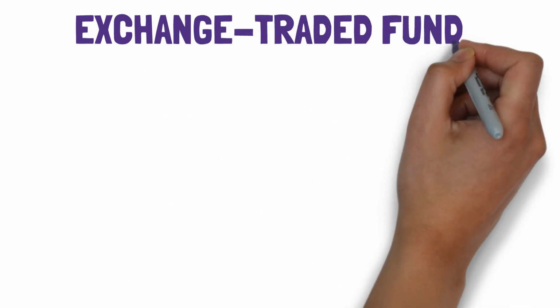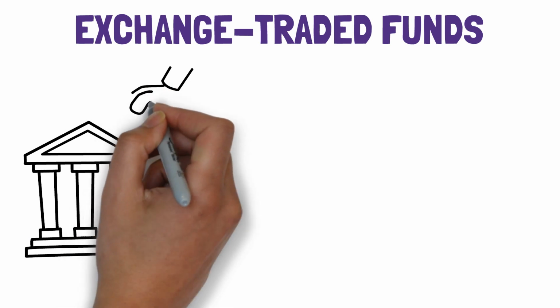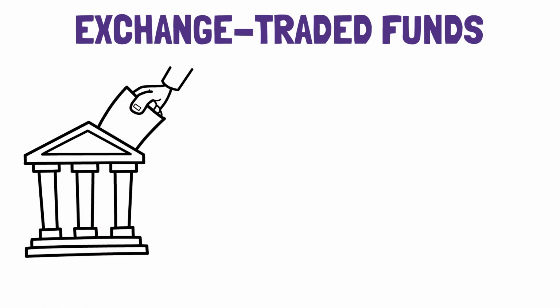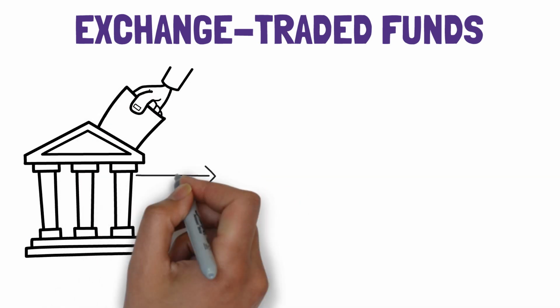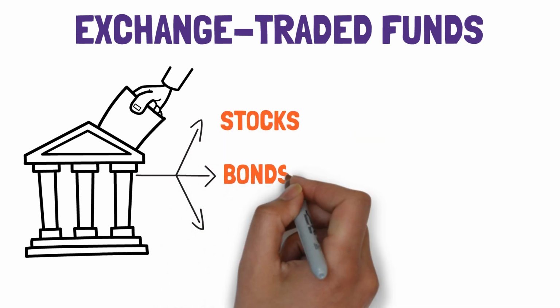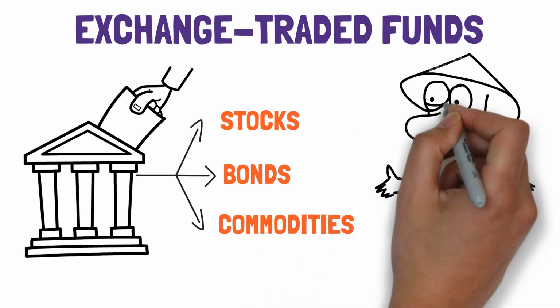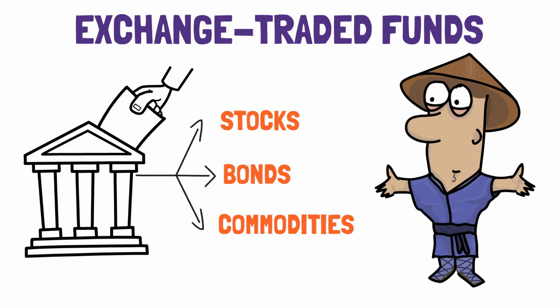Exchange-traded funds, ETFs. These are investment funds that are traded on stock exchanges, similar to individual stocks. They offer investors exposure to a diversified portfolio of assets, such as stocks, bonds, commodities, or other financial instruments. ETFs have gained popularity due to their flexibility, diversification benefits, and cost efficiency.